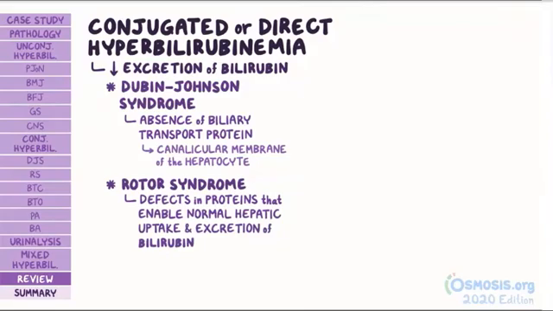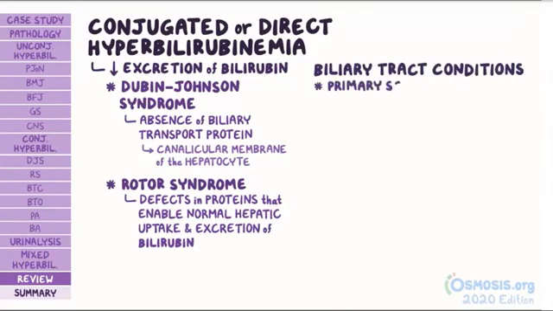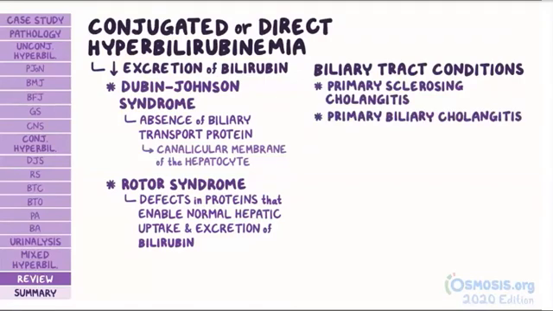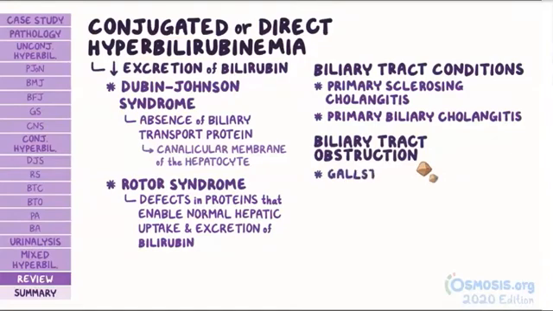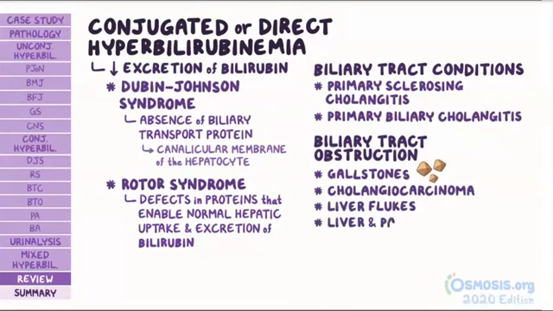Other causes of conjugated or direct hyperbilirubinemia include biliary tract conditions such as primary sclerosing cholangitis and primary biliary cholangitis, but also biliary tract obstruction, which can be caused by gallstones, cholangiocarcinoma, liver flukes, liver and pancreatic cancer, and biliary atresia.